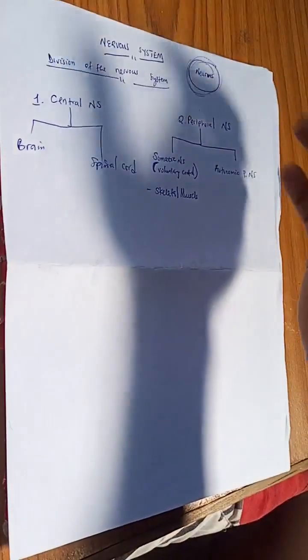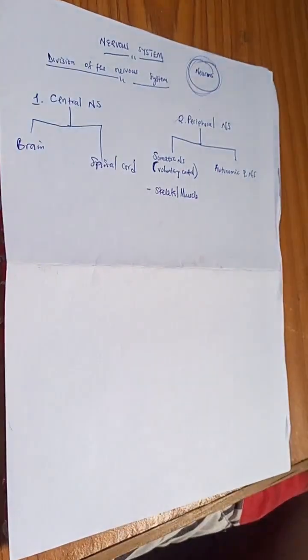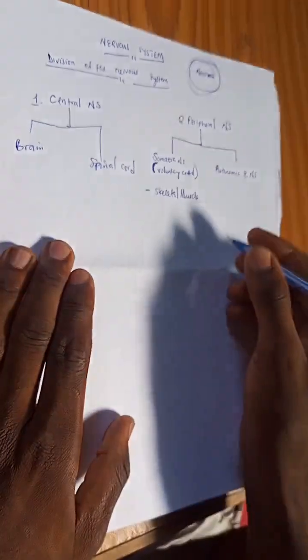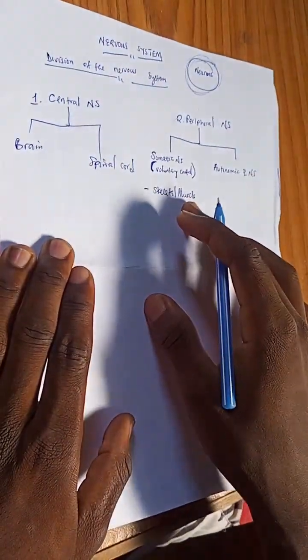It's under voluntary control. You would decide to say, okay, let me do this with my hand. Let me stretch my hand. Let me bend it. You have control over it. That's the somatic nervous system. So in the somatic nervous system, we have skeletal muscle.